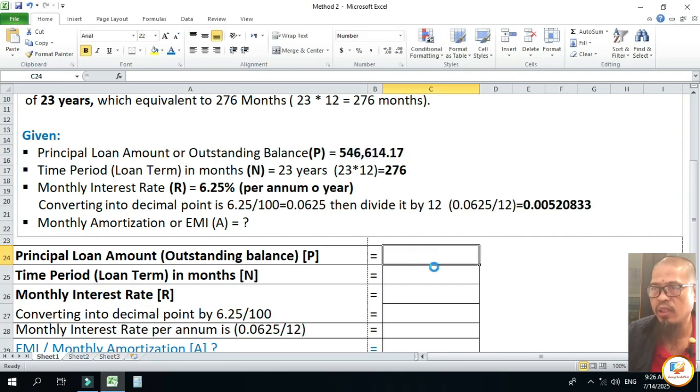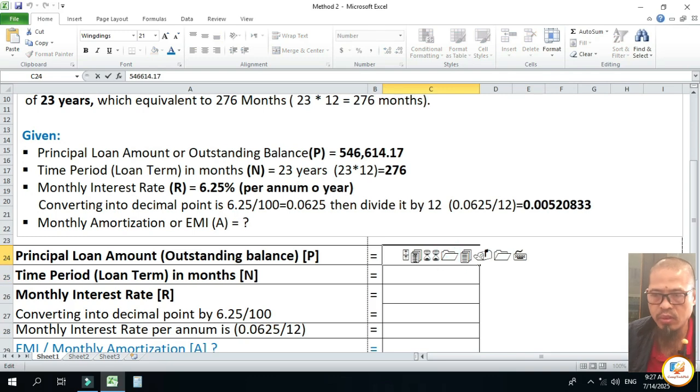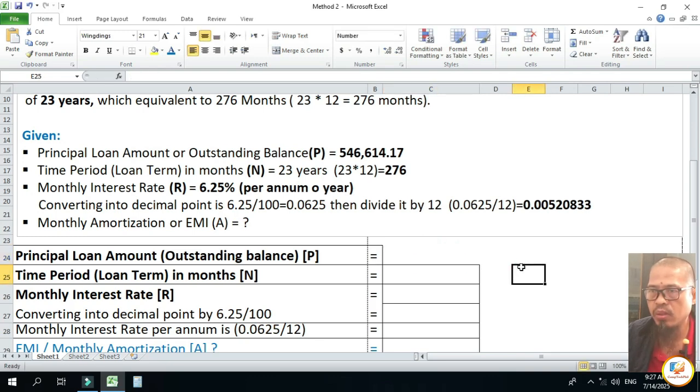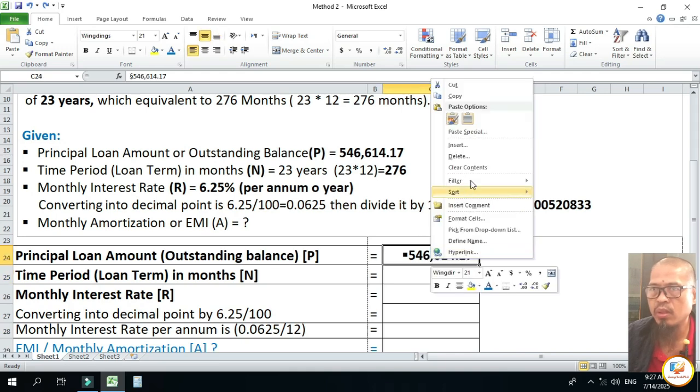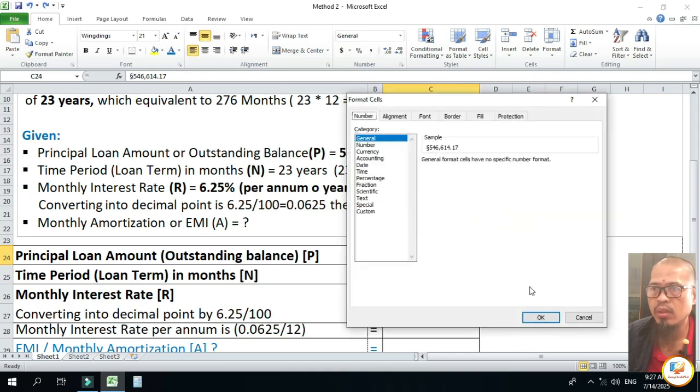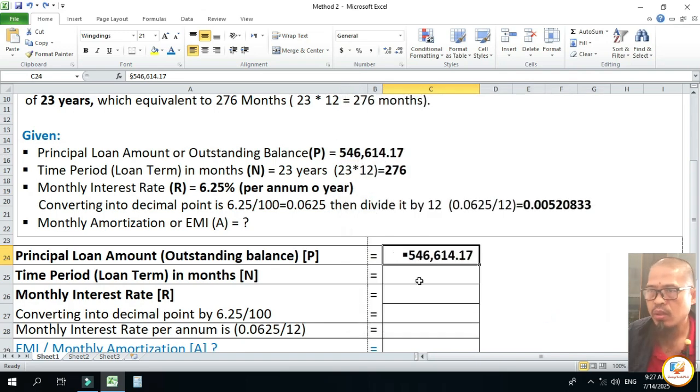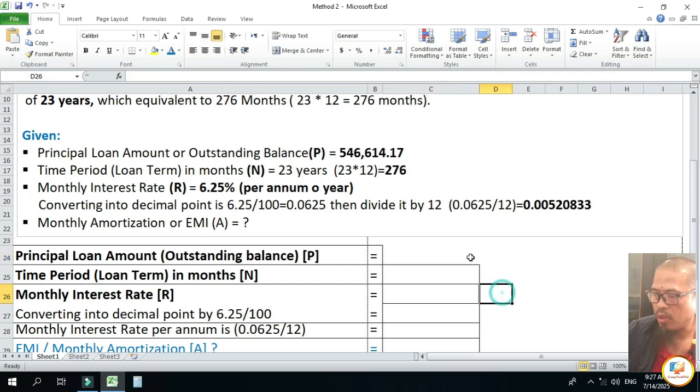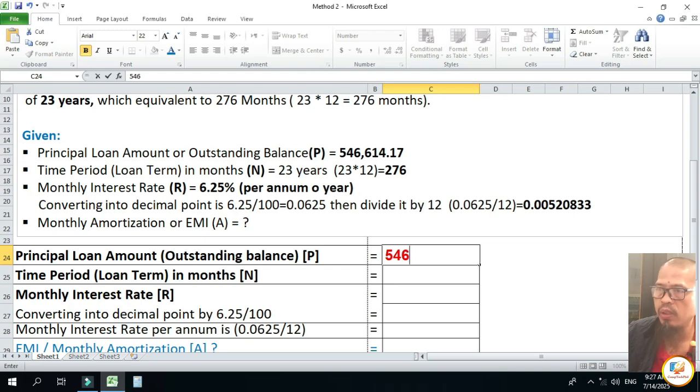I'll copy this amount here, or just simply type this one, 546,614.17. Okay, the time period or loan term is 276 months, which is 23 years.